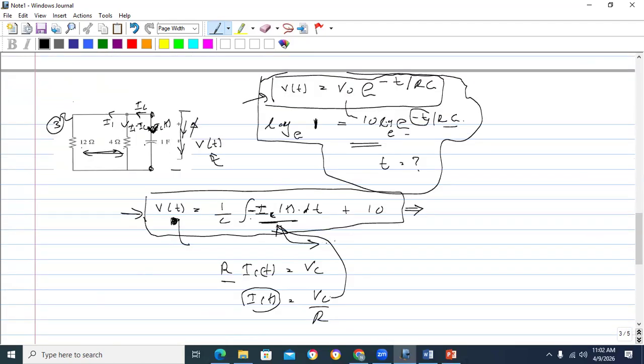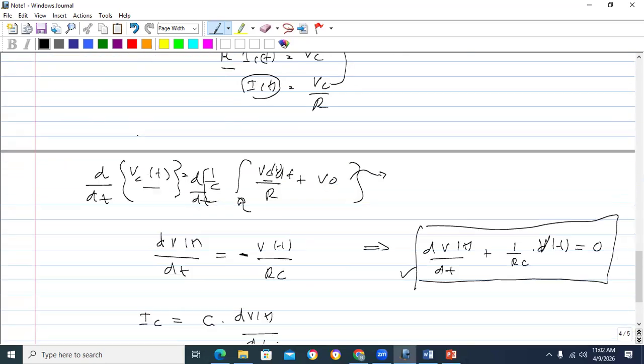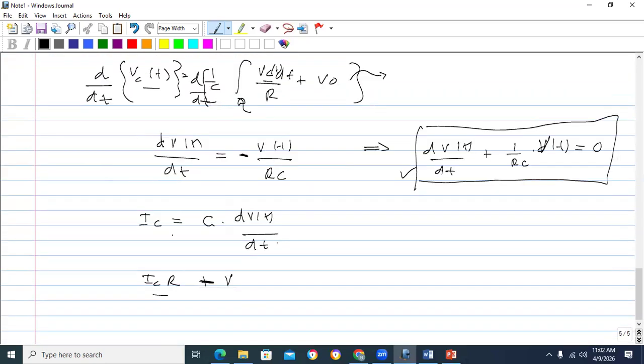If you apply the Kirchhoff law here, the voltage is this way, so this is plus and this is minus. When you apply the Kirchhoff law, this will be plus Vt, and it is equal to 0.